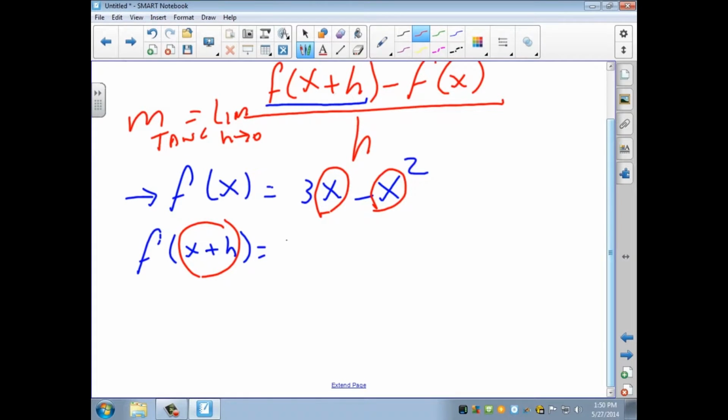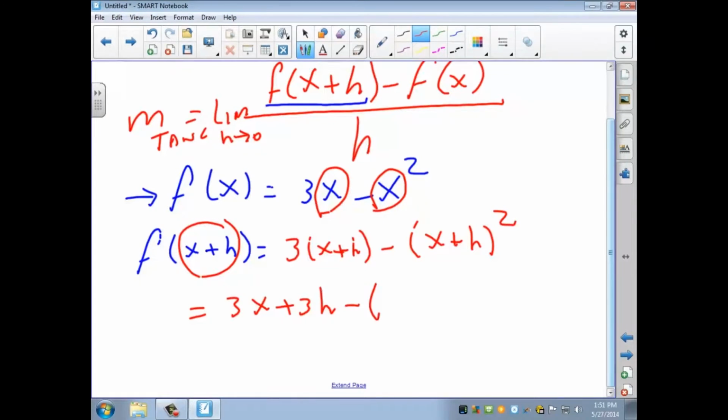So f of x plus h would be 3 times x plus h minus x plus h squared. Therefore, it would be equal to 3x plus 3h minus x plus h squared. You expand it, it would be x squared plus 2xh plus h squared.